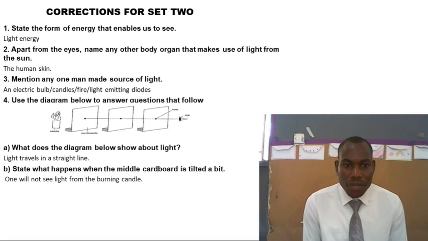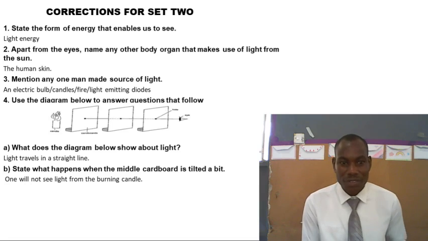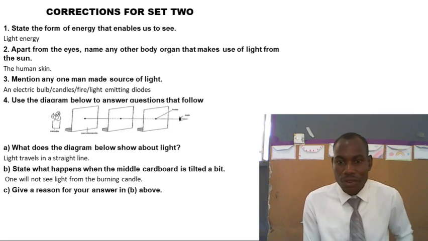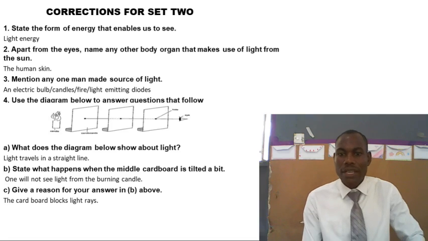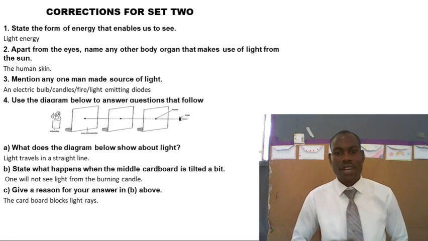Why will you fail to see light from a burning candle? Let's look at that question. It says, give a reason for your answer in B above. The reason is the cardboard blocks light rays.